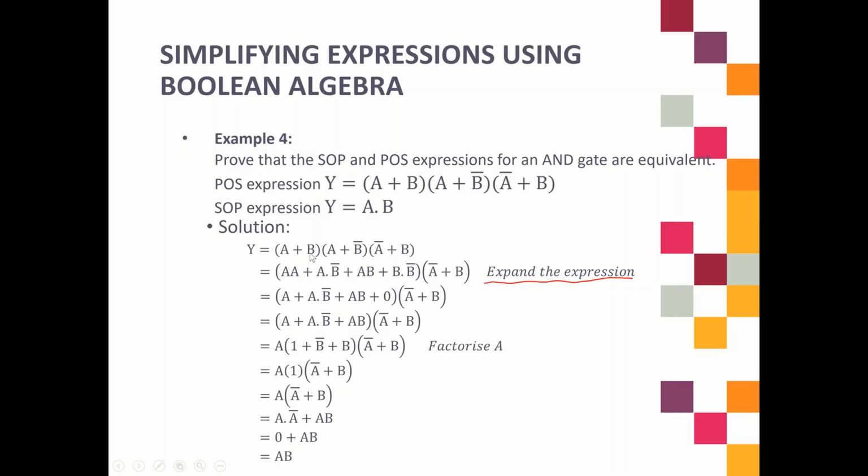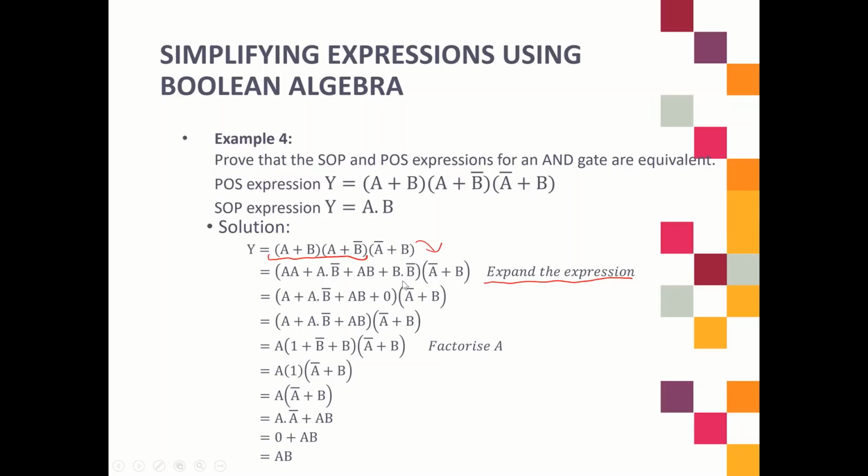Because we have three sum terms, a plus b bar, a bar plus b, you can choose any two to expand. Based on this step, you will expand the first two sum terms first. For a bar plus b, you just drop it because it is not included in the expanding process.